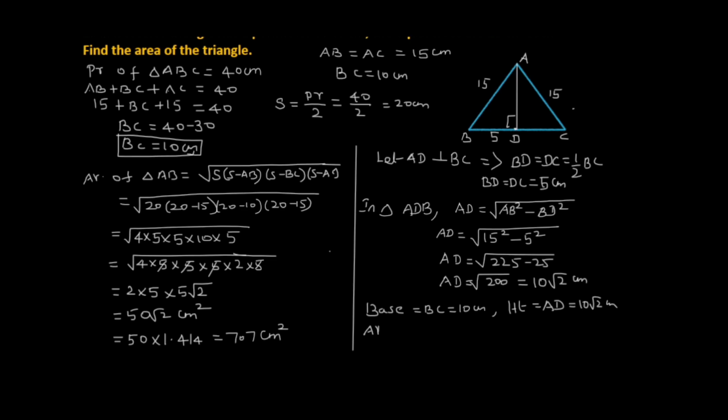So area of triangle ABC is equal to half into base into height AD. That is equal to half into BC 10 into 10 root 2. So cancelling this, we will be getting 5. That is equal to 50 root 2 centimeter squared. In this way also we can find the area.